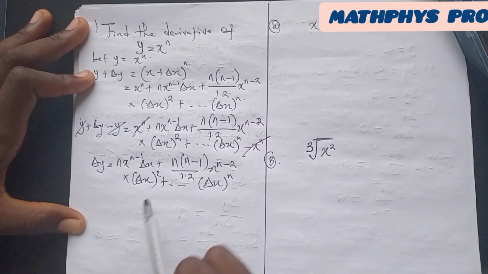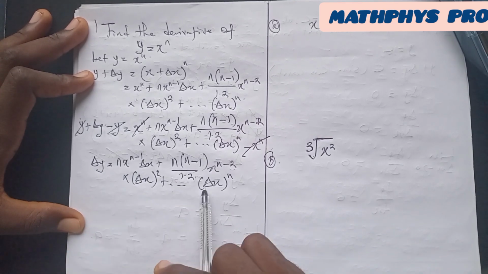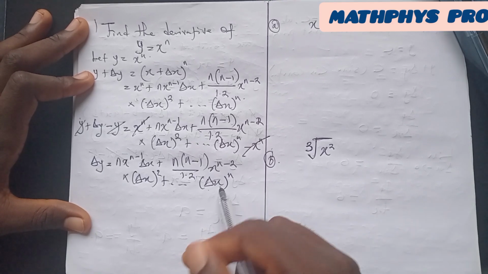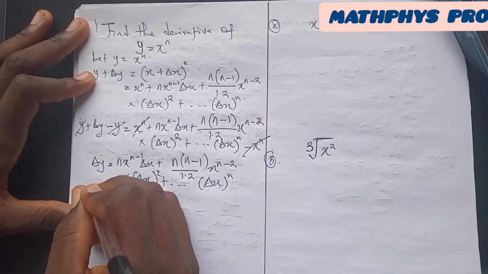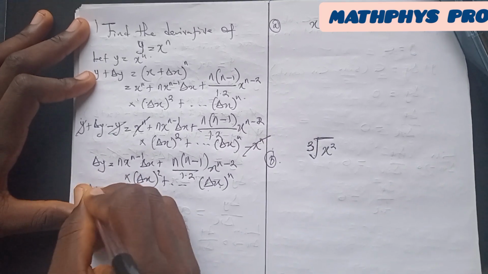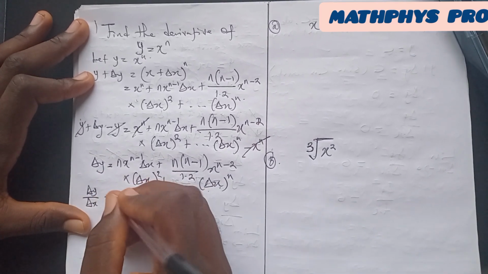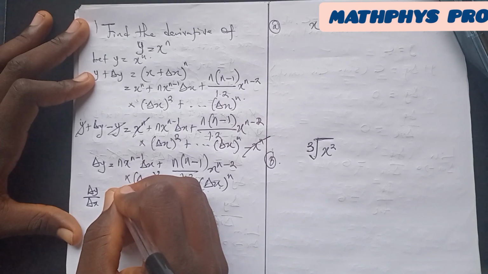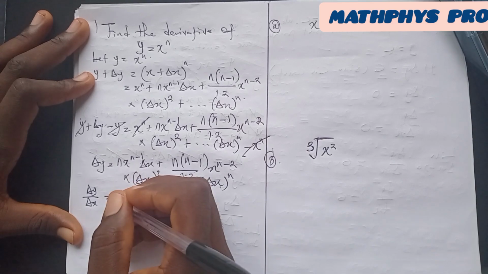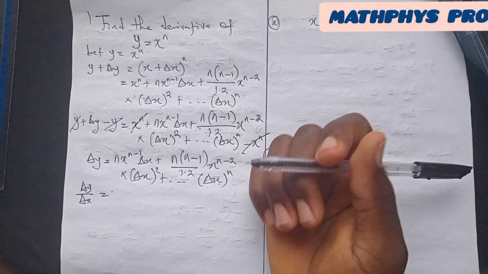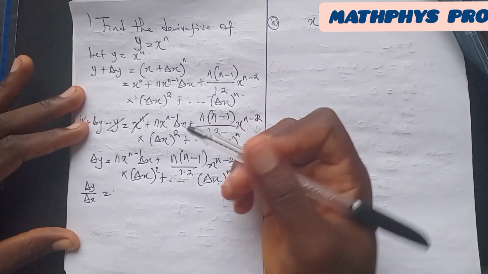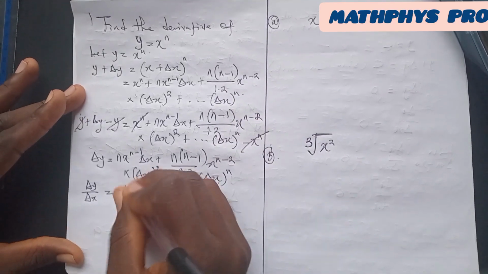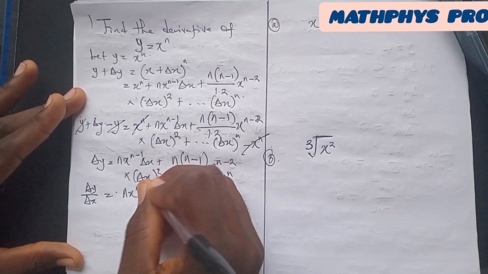Now, if we divide both sides by change in x, we are going to have that change in y over change in x will be equal to n x raised to the n minus 1.